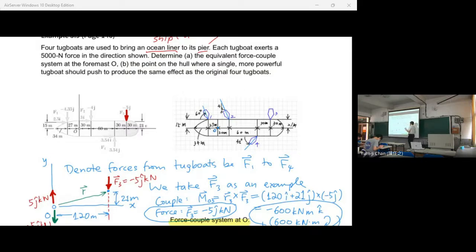So let's say we have a single tugboat here that produces the same force as these four ships.